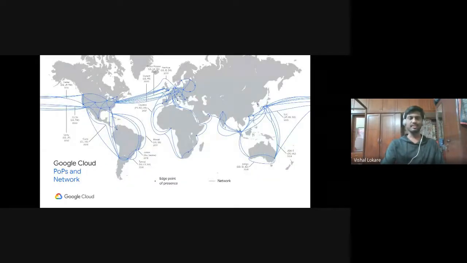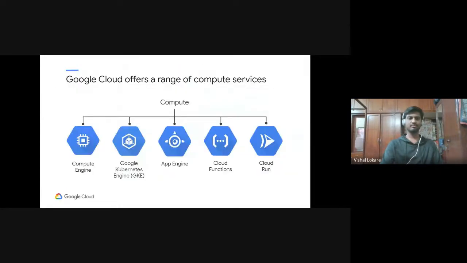Okay, now going ahead. These are the top five category services that Google Cloud provides. First is Compute Engine. It has all the VMs and stuff. Second is Google Kubernetes Engine. Kubernetes is open source and you can search up what it is.